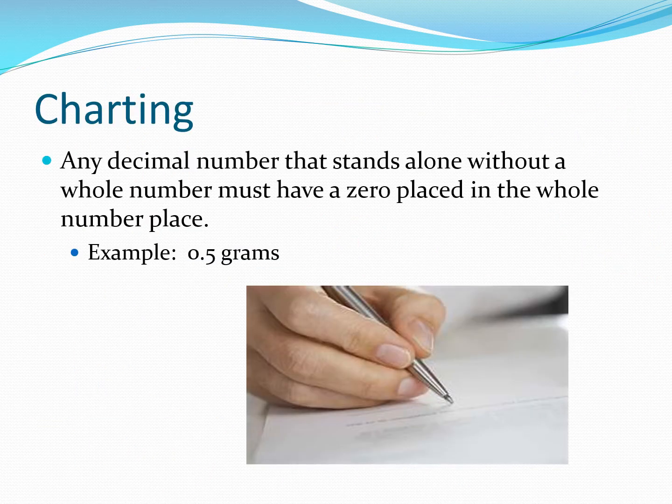Okay, this is your last slide, where I just want to mention that in charting, and of course everything is computerized now, but back in the day it was always helpful to make sure that you put that 0 before the 0.5 on the grams, mainly because you're verifying and affirming that there is no other number before the 0.5.